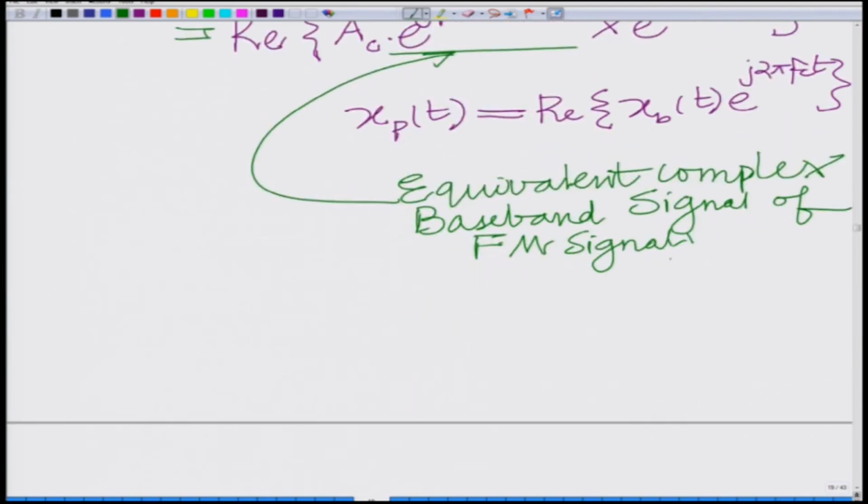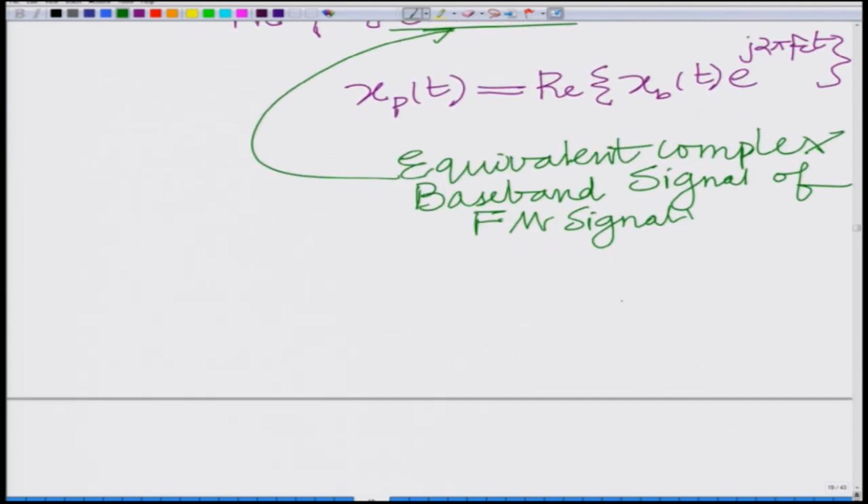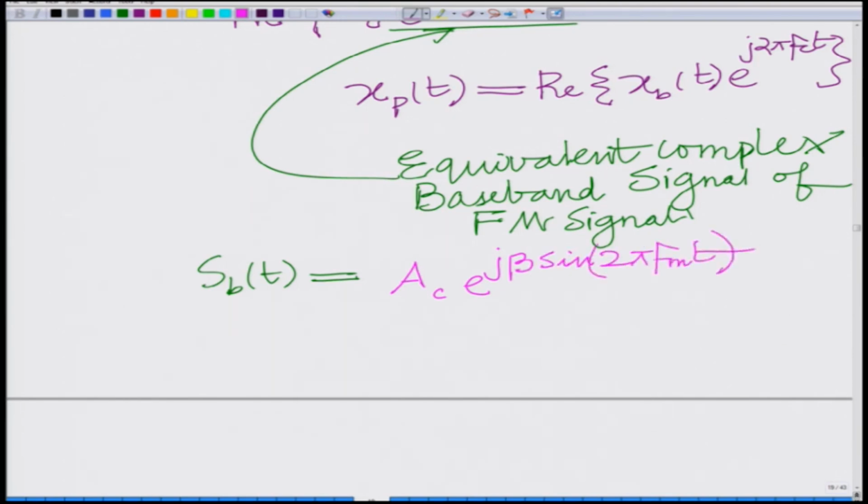And therefore, the complex baseband signal is s_b(t) equals A_c e to the power of j beta sine 2 pi f_m t. Now, I can equivalently find the spectrum of the complex baseband.